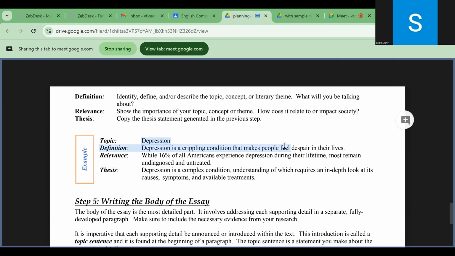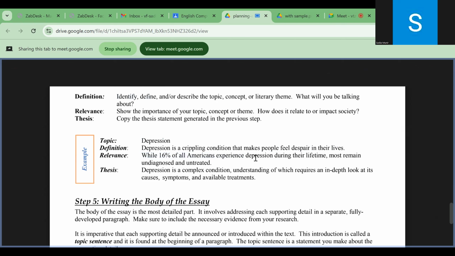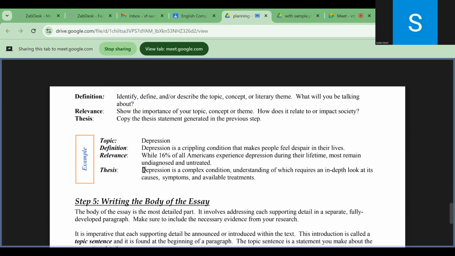Definition: a crippling condition that makes people feel despair in their lives. Relevance: while 16% of all Americans experience depression during their lifetime, most remain undiagnosed and untreated. And thesis is: depression is a complex condition, understanding of which requires an in-depth look at its causes, symptoms, and available treatments. तो ये हमारे जो तीनों सेंटेंसेस है इंट्रोडक्शन का पार्ट बनेंगे.